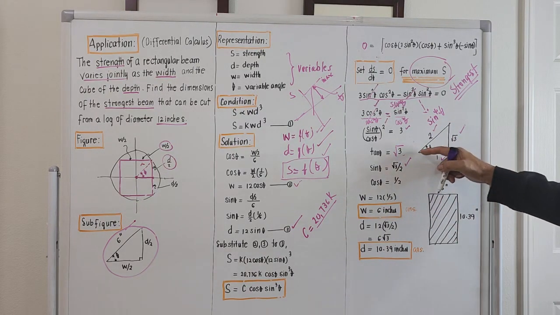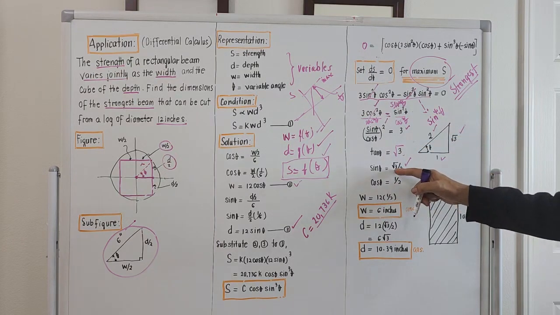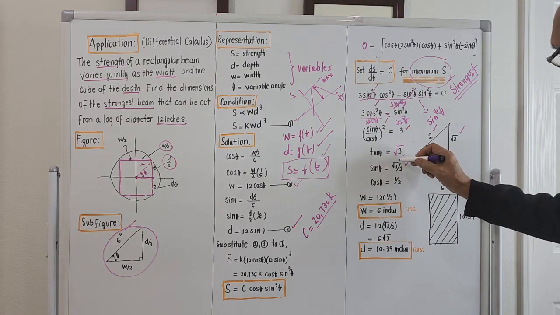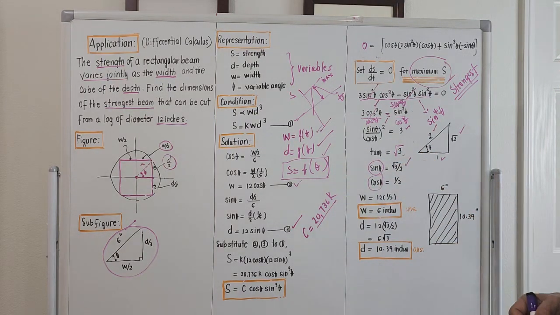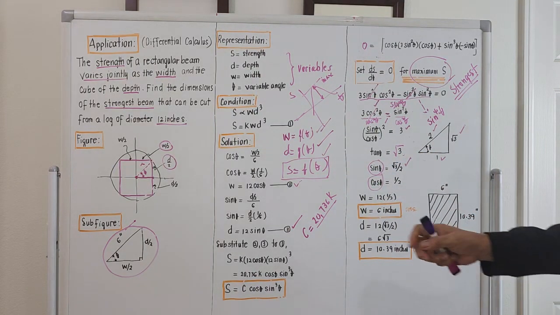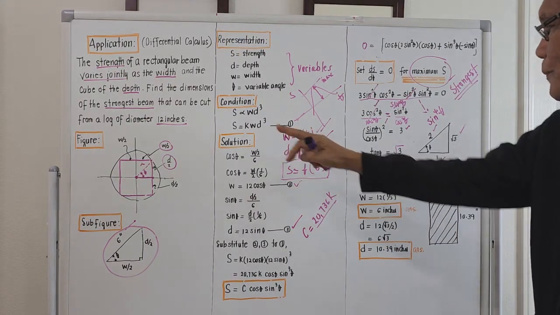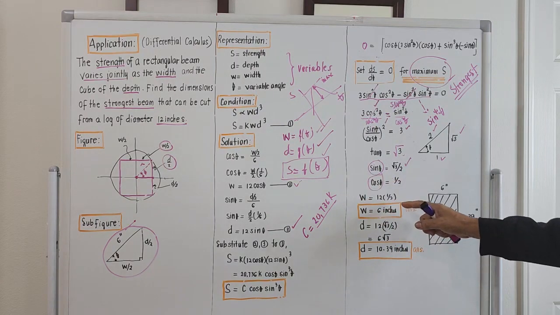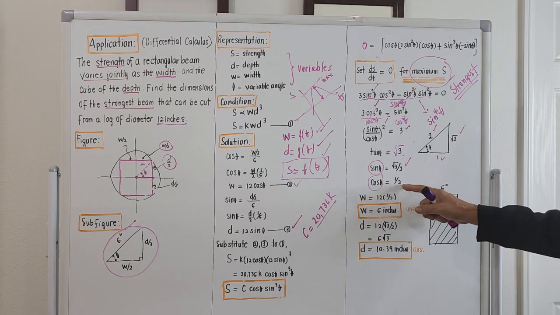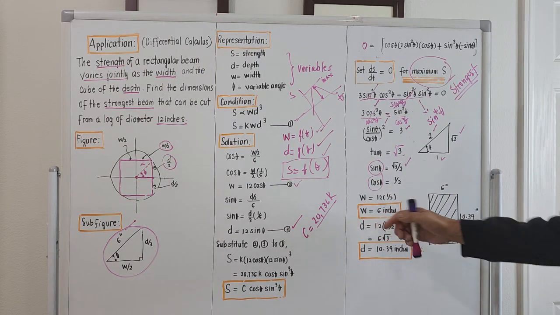And cosine will be adjacent over hypotenuse, 1/2. So we now know the value of sine of theta and cosine of theta. If we go back to equation number 2, we could compute the unknown width of the strongest beam. It will be 12 times cosine of theta, 12 times 1/2, so the width will be 6 inches.